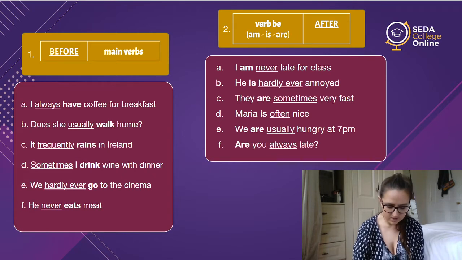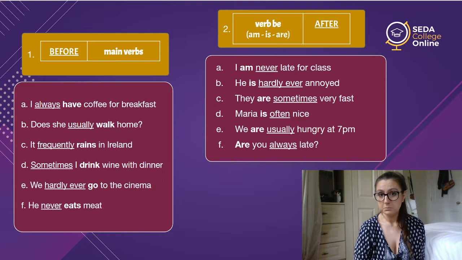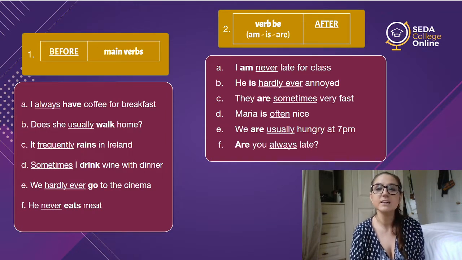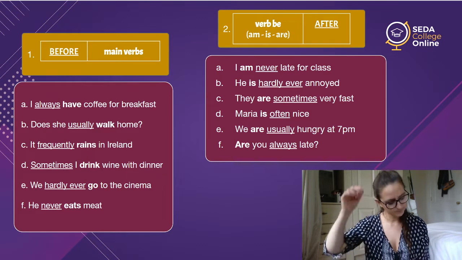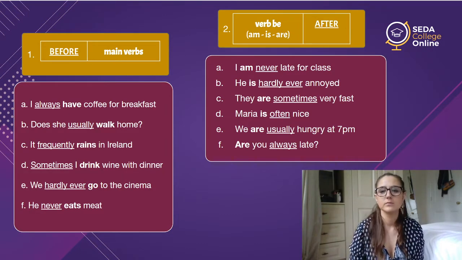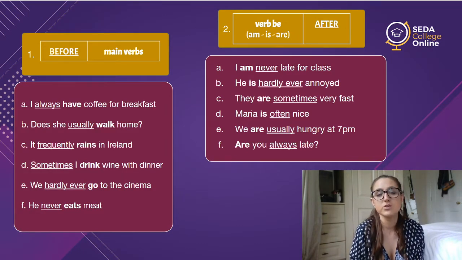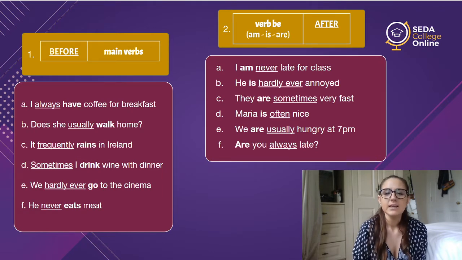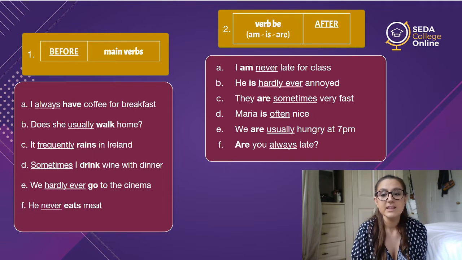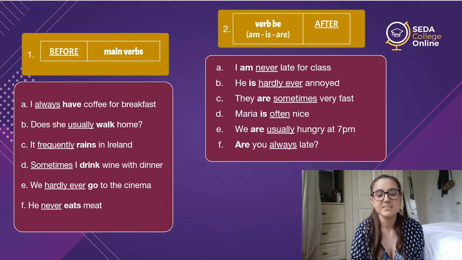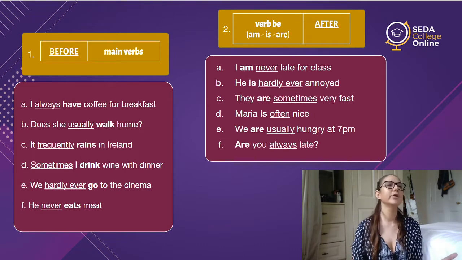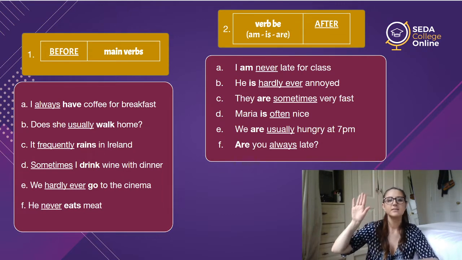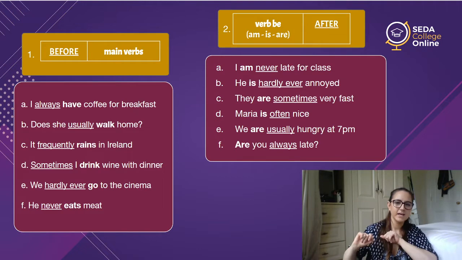It's not always, but often. Normally, she's very nice. She is normally nice. E, we are usually hungry at 7 p.m. That is dinner time, normally. So are, verb be, usually, adverb.